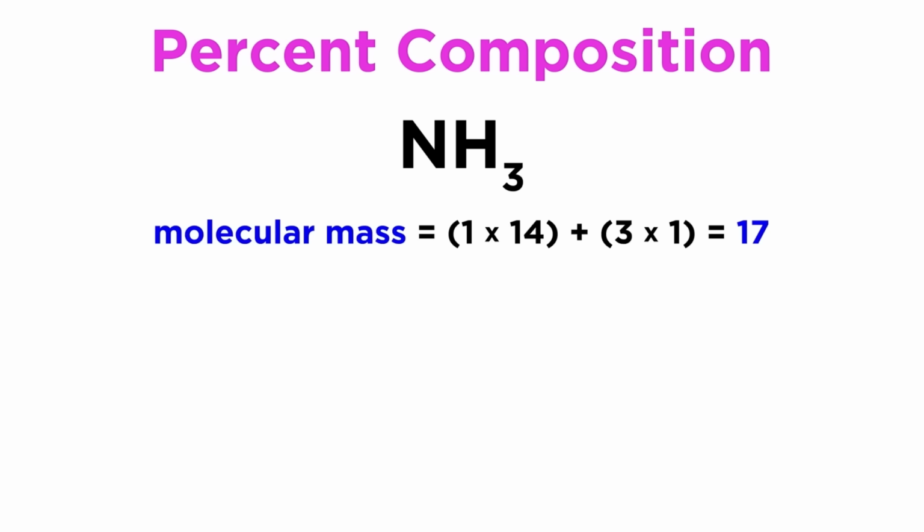Let's divide both of these numbers by the smaller number so that we can try to get a whole number ratio. 0.142 over 0.142 gives us 1, and 0.284 over 0.142 gives us 2, or a 1 to 2 ratio.